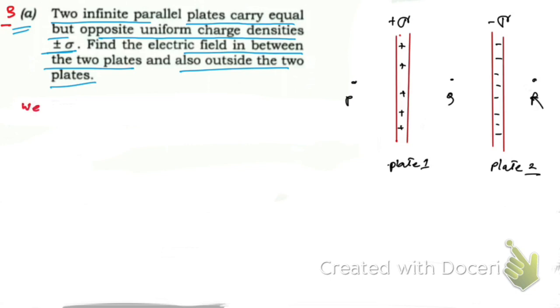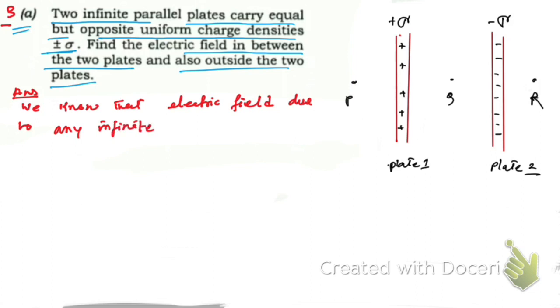We know that the electric field due to any infinite sheet of charge density sigma is given by E. I am writing the magnitude only, so let me use black here.